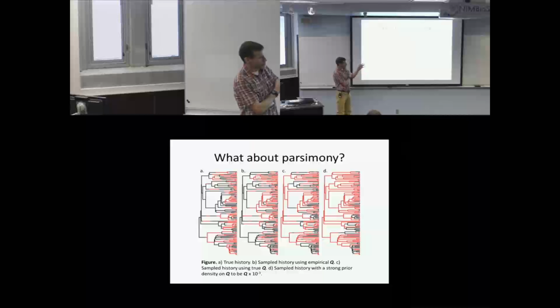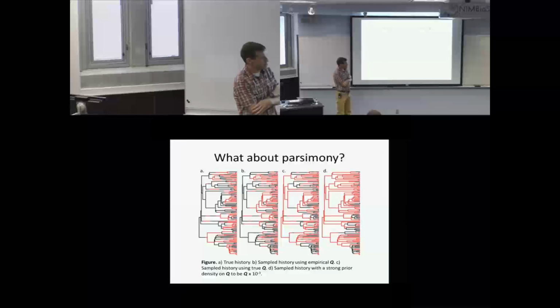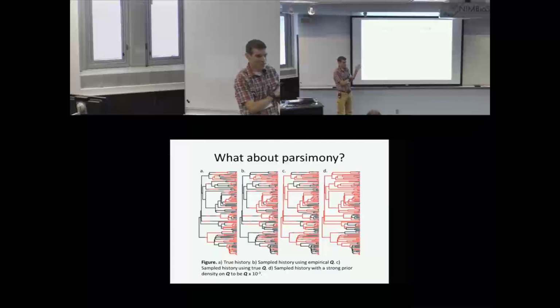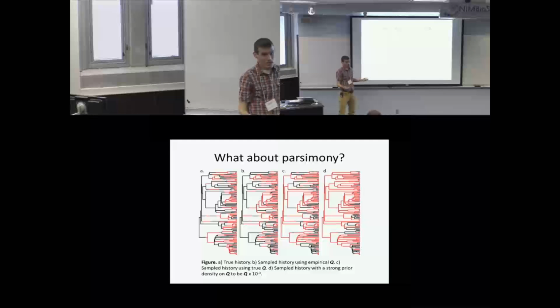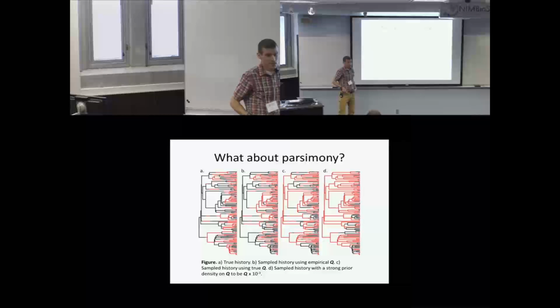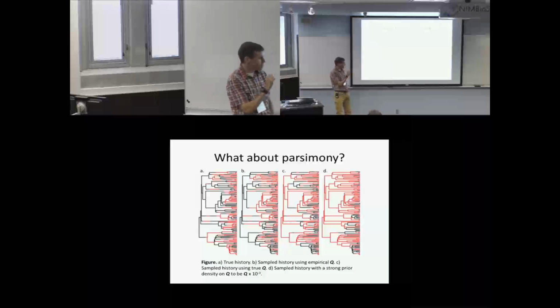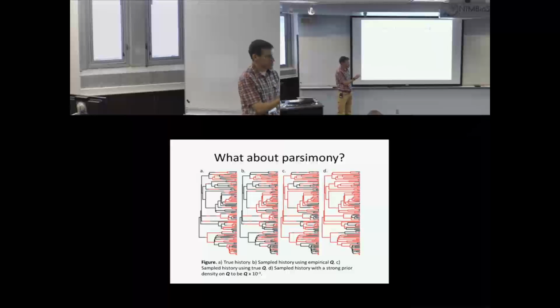But from the perspective of reconstructing ancestral states, you will find this to be the case: if you sample stochastic character histories conditioned on tip data, but assume a transition process where transitions are incredibly improbable, much less probable than the data suggests they ought to be, then you'll get a number of changes on the tree that is equivalent to the parsimony score. So I don't know that that is the only equivalence or the only assumption being made.